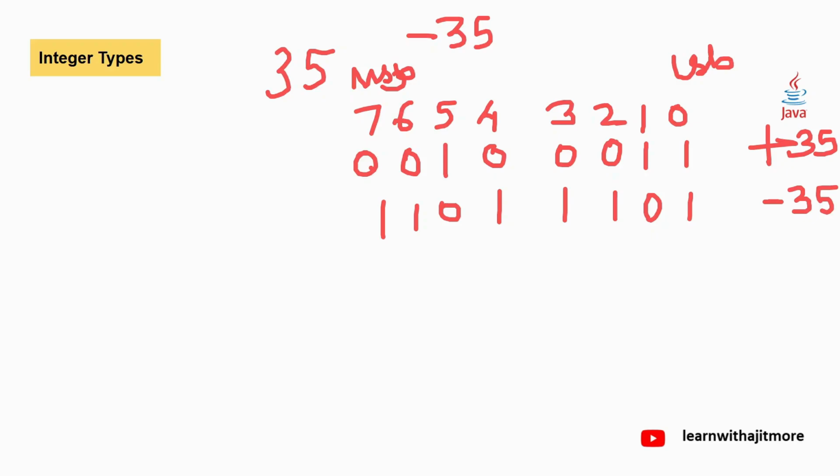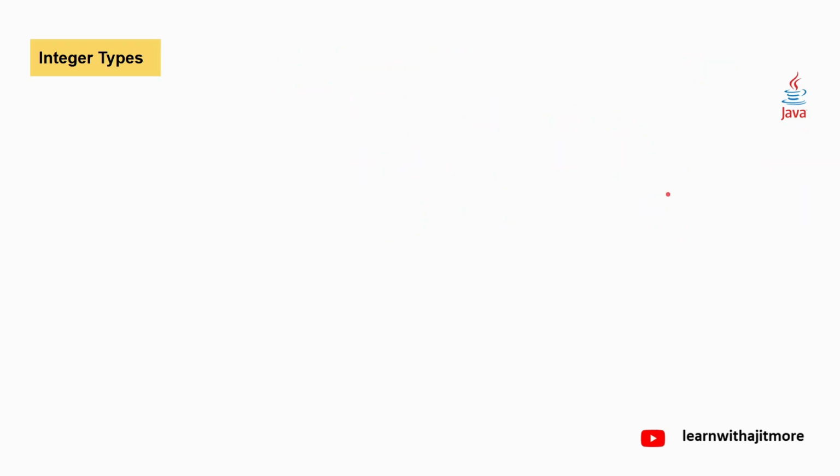Always. I hope you quickly understood how an integer is stored as its equivalent binary. For a negative number, it is the 2's complement of its positive binary. When the sign bit is 1, it is negative. When the sign bit is 0, it is positive.